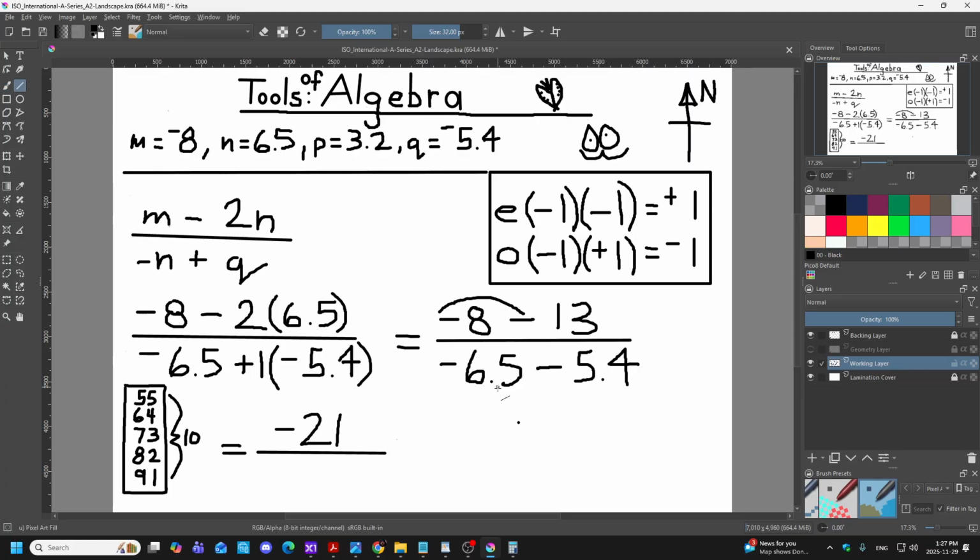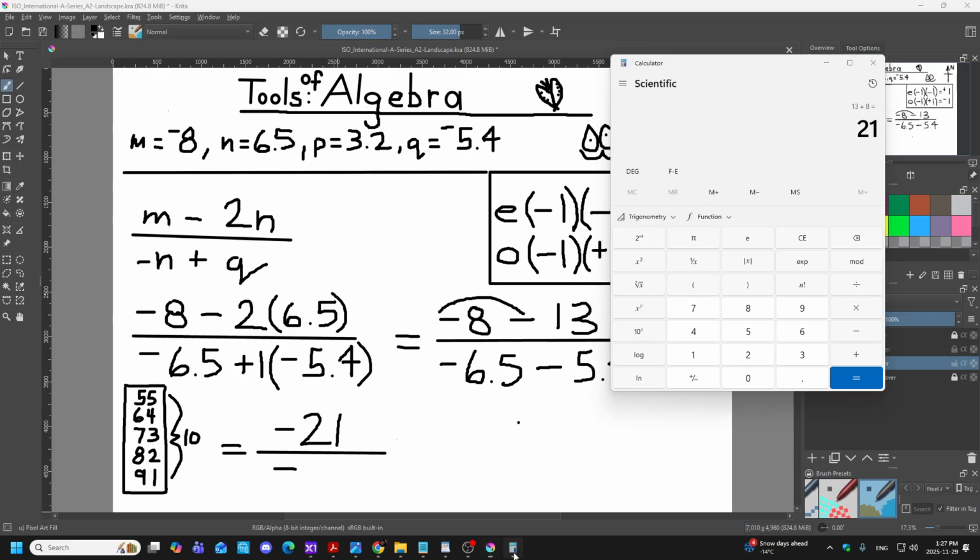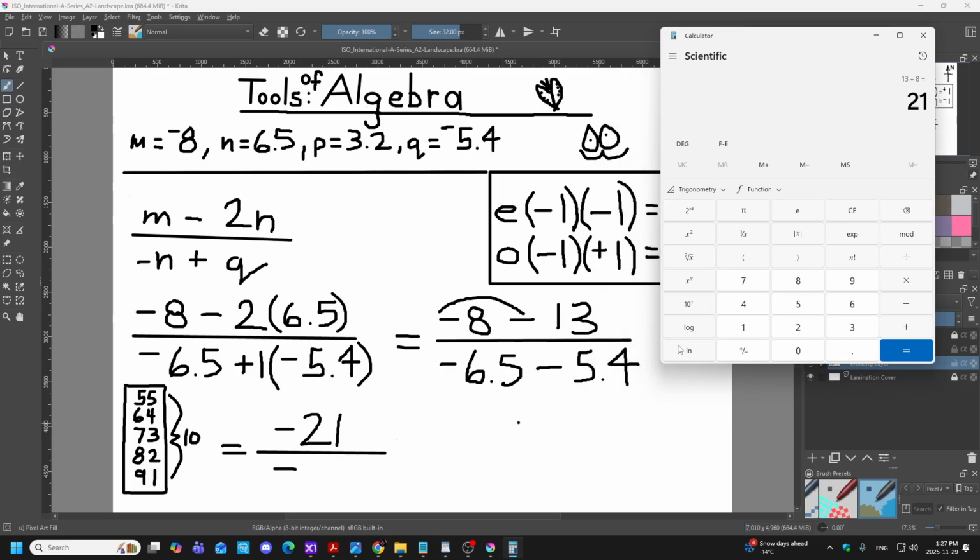Okay, so we have essentially negative 6.5 and a negative 5.4, right? Again, both negatives, we're increasing, therefore our final answer is also going to be a negative. Because I already know my sign, I could simply add these two values together.